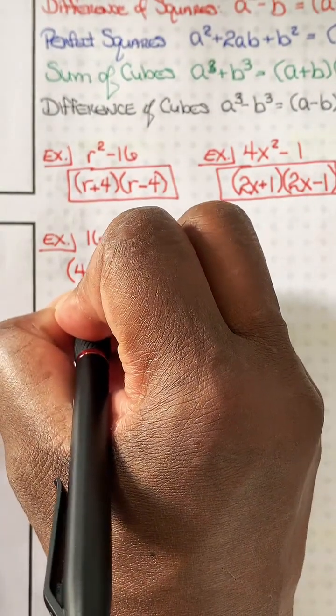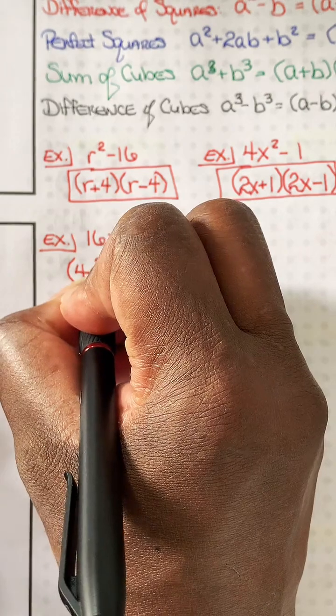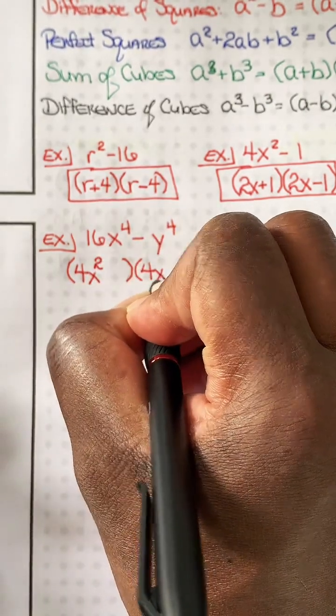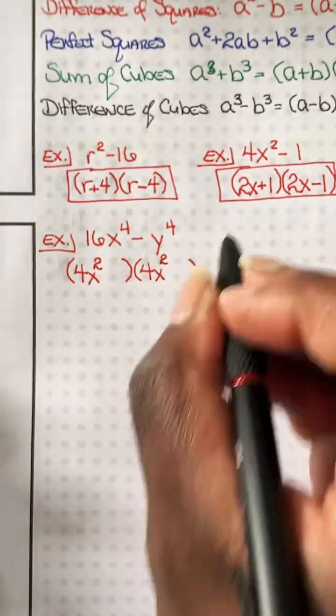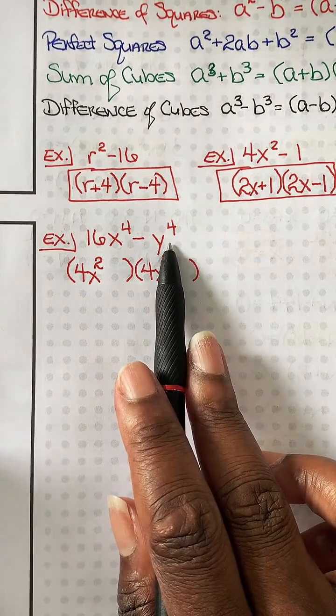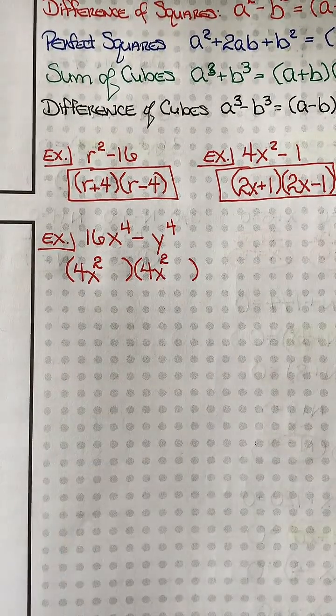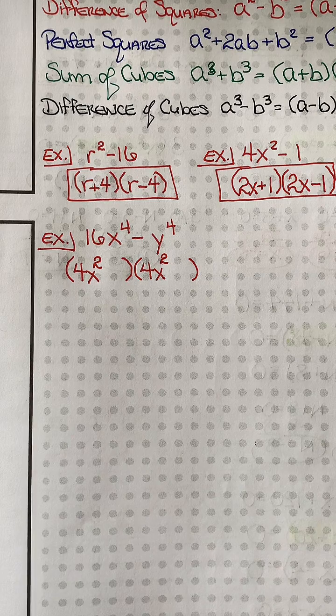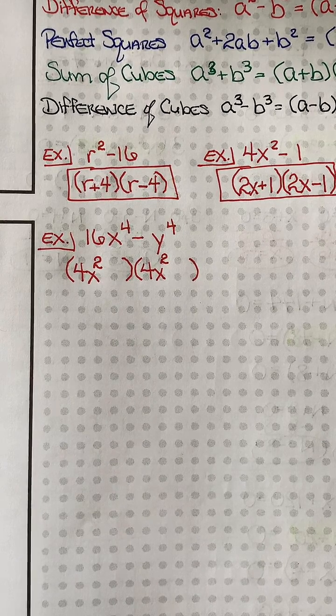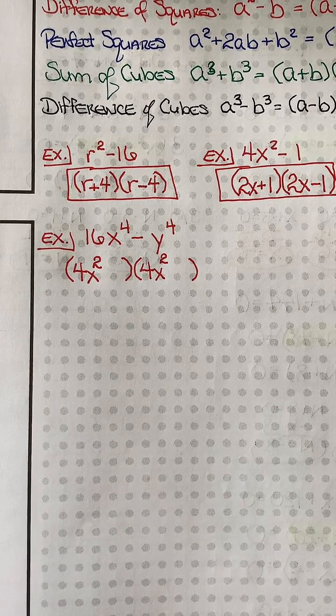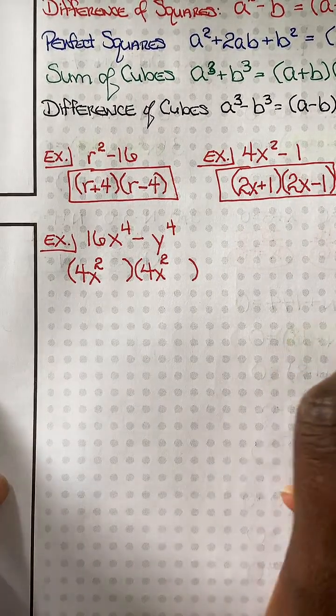So we're going to have this x squared, x squared. Can we do the same thing with y to the 4th? On both sides? Yes, we can.